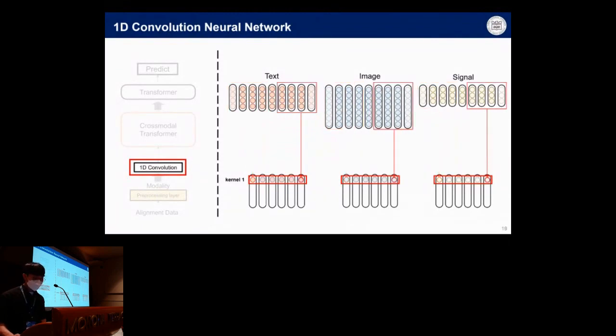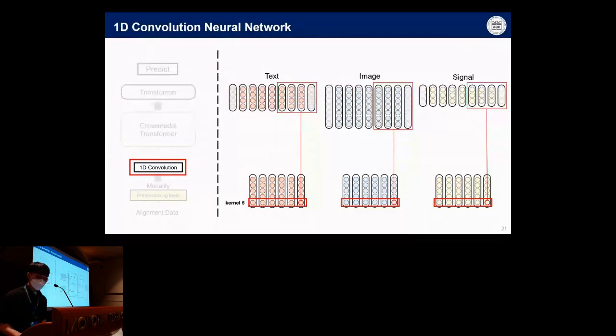We adjust padding size and stride for matching all modalities. And the dimension of the output data is determined by the number of kernels. Each modality has the same dimension after calculating the 1D CNN.